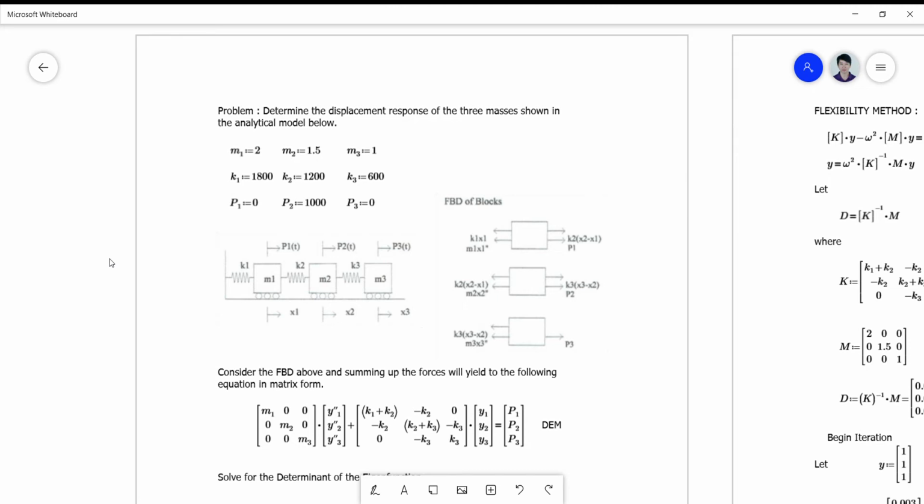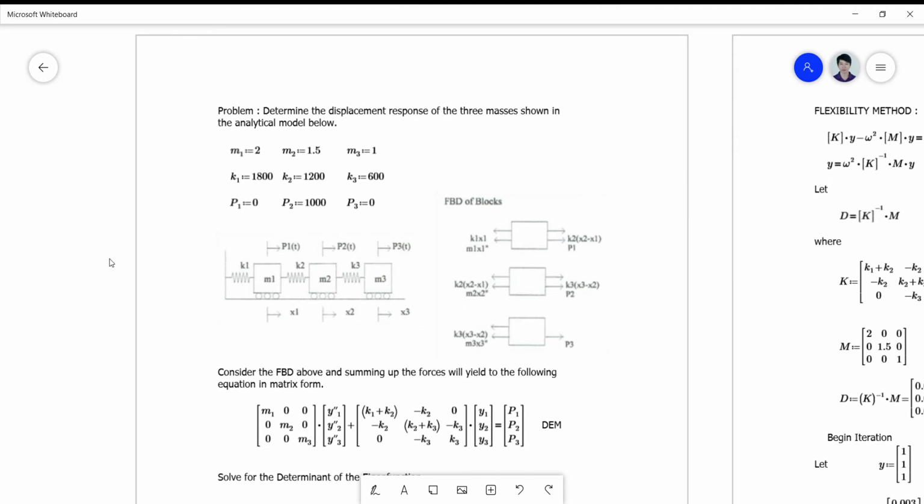So to illustrate the solution of the eigenvalue problem, considering higher degree of freedom, let us try to solve these models.